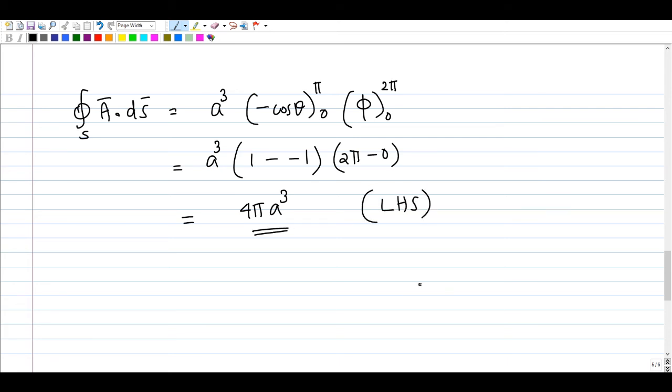Now we have to calculate the right hand side and we have to check whether both of them are equal. So let us evaluate the right hand side. The right hand side of the divergence theorem by definition is the volume integral del dot A dv.